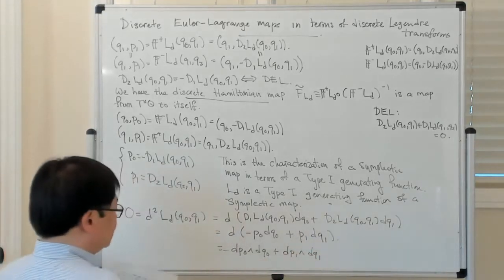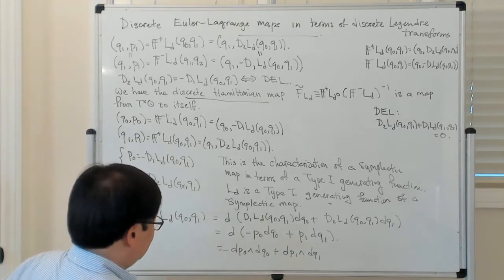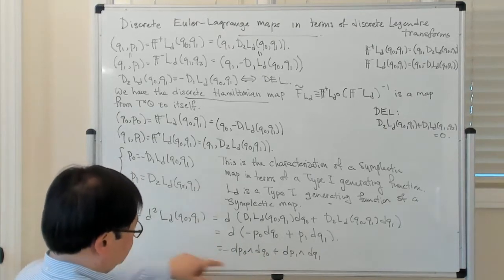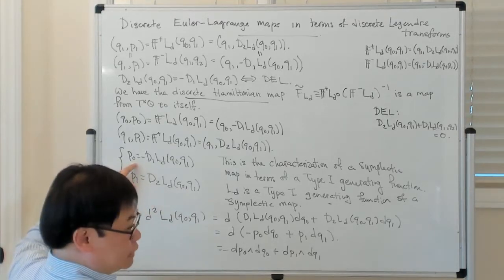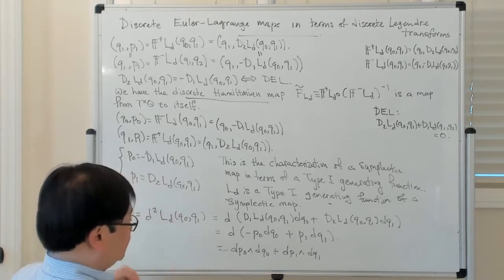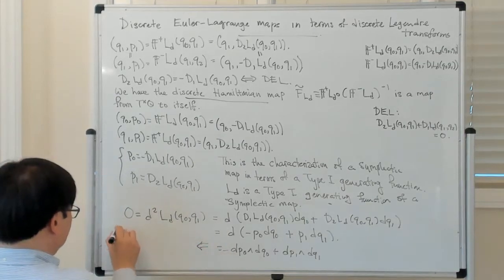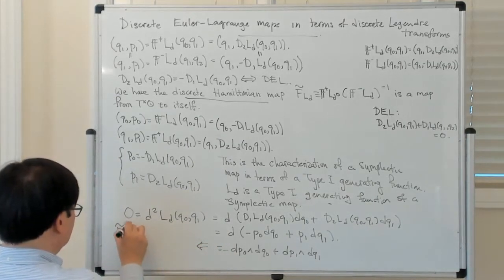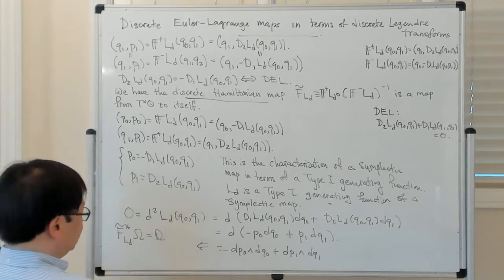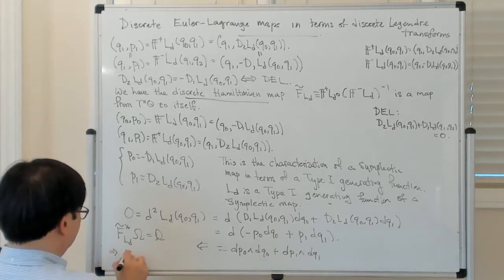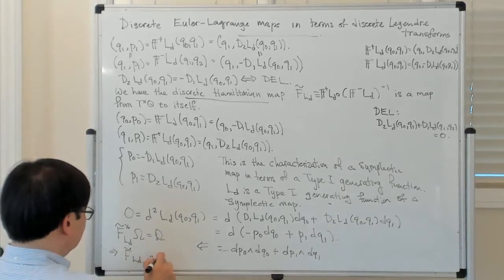Up to a sign, this is the difference of the canonical symplectic structure at two different points, and that is equal to 0. That's telling you that the pullback of the symplectic form by this F tilde LD map is the symplectic form itself. So this implies that F tilde LD pullback of omega is omega, which is to say that this map is symplectic.